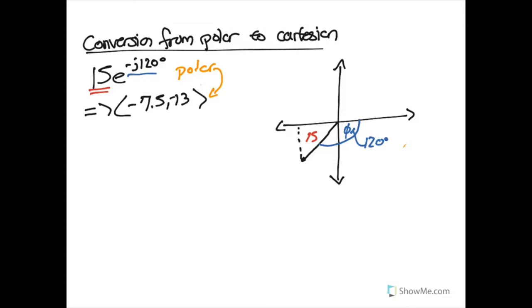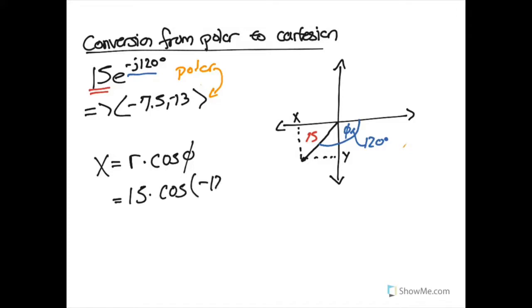Our goal right now is to find out what x and y are for this particular object. If we remember that x is equal to r times cosine phi, then it's 15 times the cosine of negative 120 degrees, and we find that our x value is, as we expect, negative 7.5.